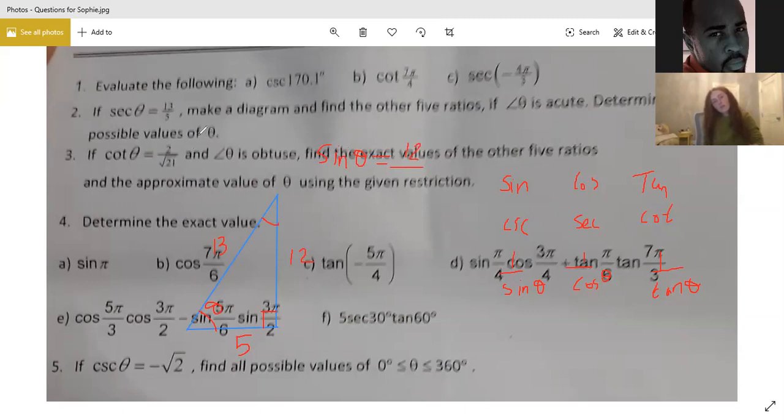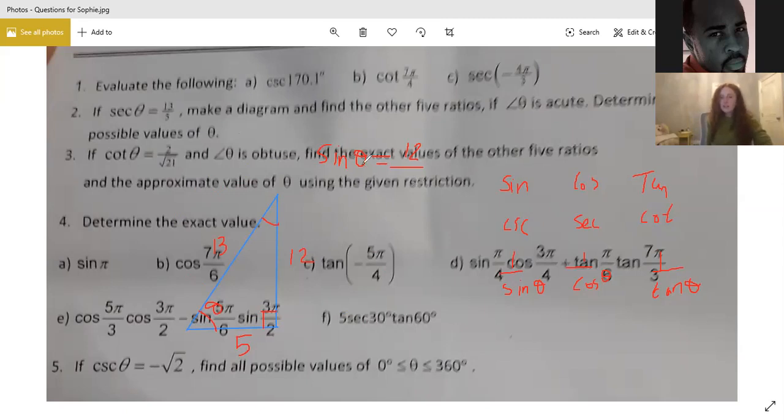We're not done with number 2. Sophie, number 2. It says determine the possible values of theta. Okay, go ahead.